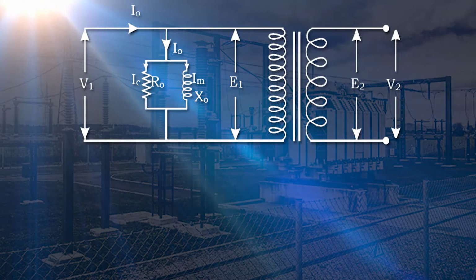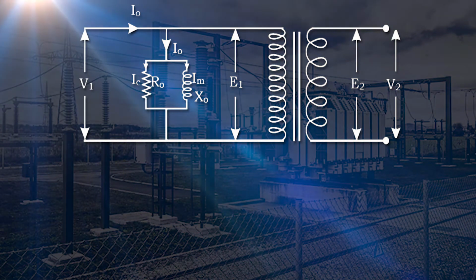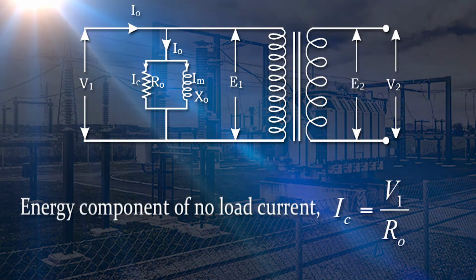Again, from this equivalent circuit diagram you can calculate the value of the current Ic. The energy component of the no load current, denoted by Ic, can be written as V1 upon R naught. Here you can see V1 is the voltage across this resistance R naught, because R naught and X naught are connected in parallel with the supply voltage.